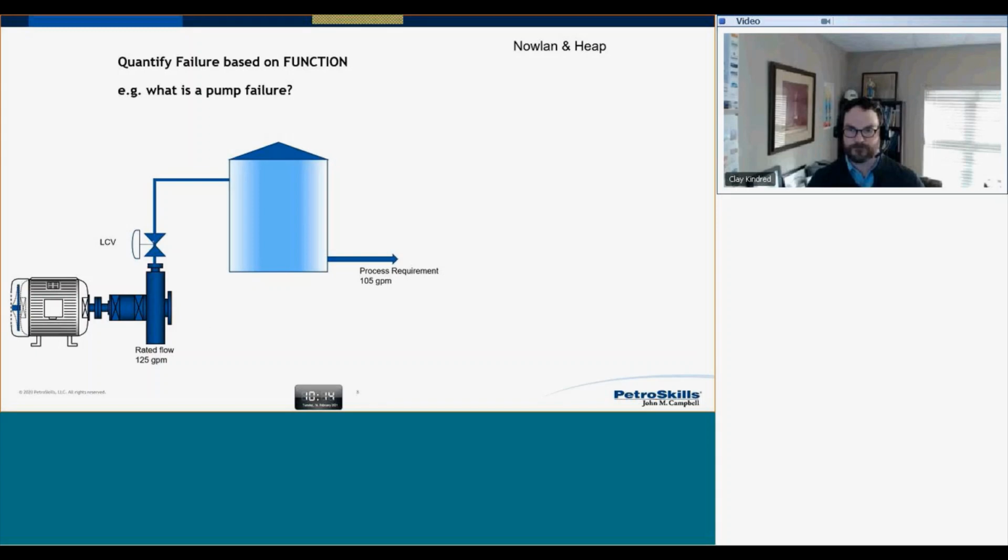It's pumping through a level control valve into a tank. The tank has a process requirement of 105 gallons per minute. Okay, so my pump can do 125 GPM, but the process only needs 105 GPM.